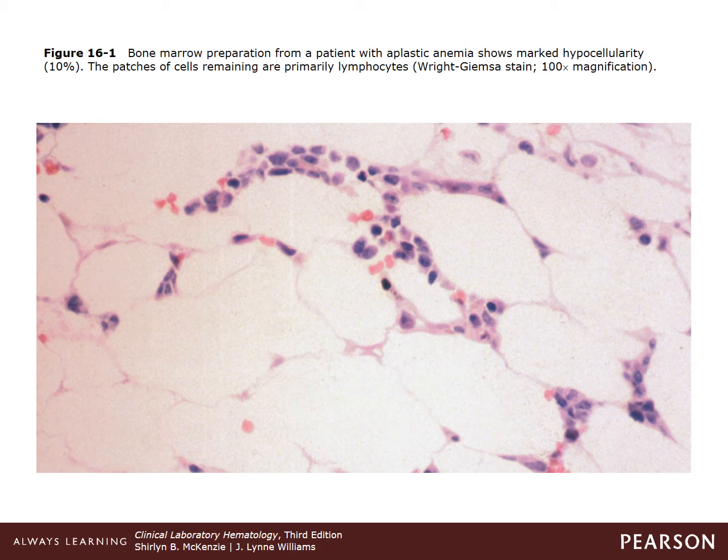Now a lot of the times, because it is fatty, you might get a dry tap, meaning the bone marrow is infiltrated with so much fat, it leads to fibrosis and you cannot pull out any red blood cells. Again, you might see an increase in hemoglobin F, and the EPO is usually often increased to try to produce more cells.